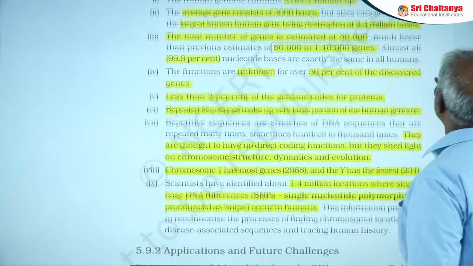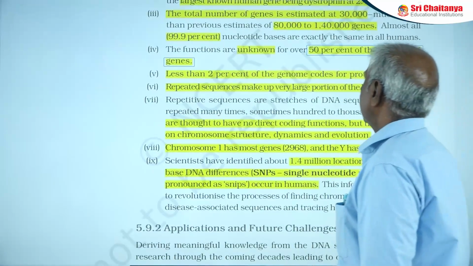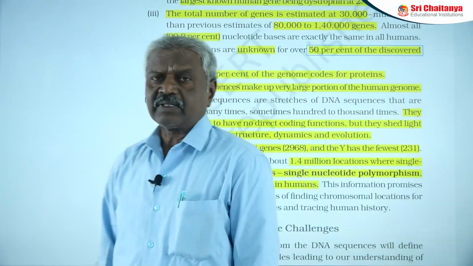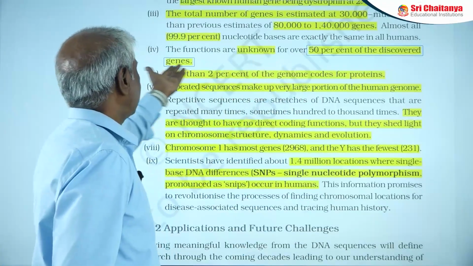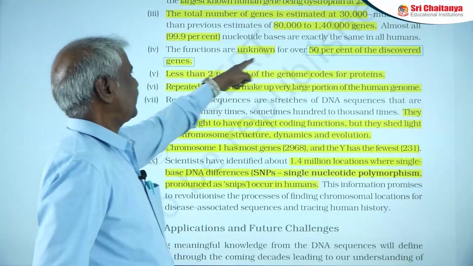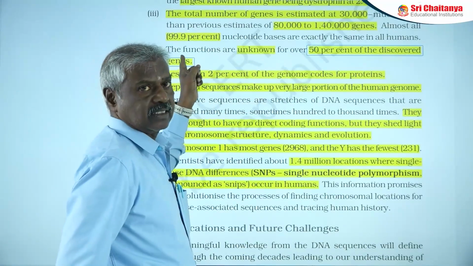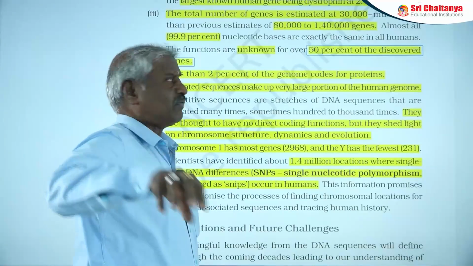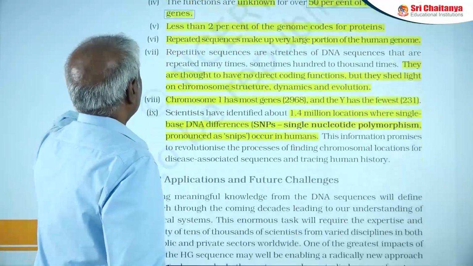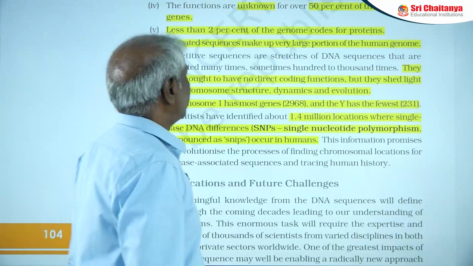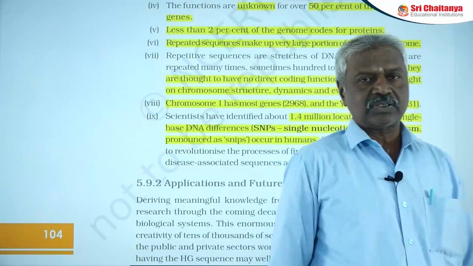Actually, 30,000 genes are identified, in which the functions of 50% of genes are not known. Unknown for 50% of the discovered genes. Suppose it is 30,000, then 15,000 genes have unknown functions. Less than 2% of the genome codes for this.